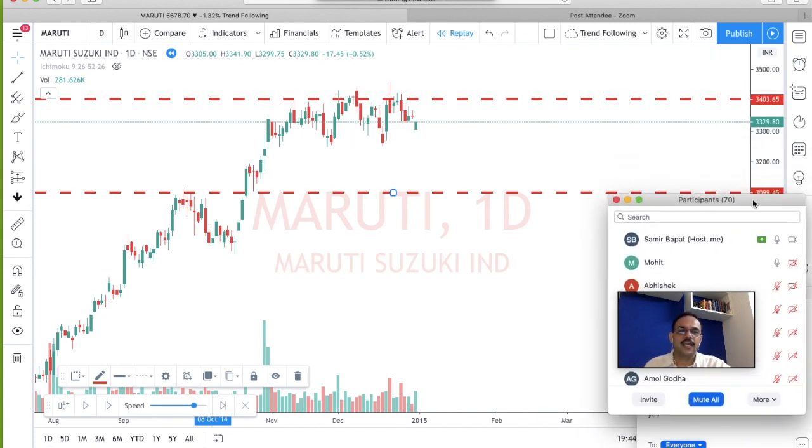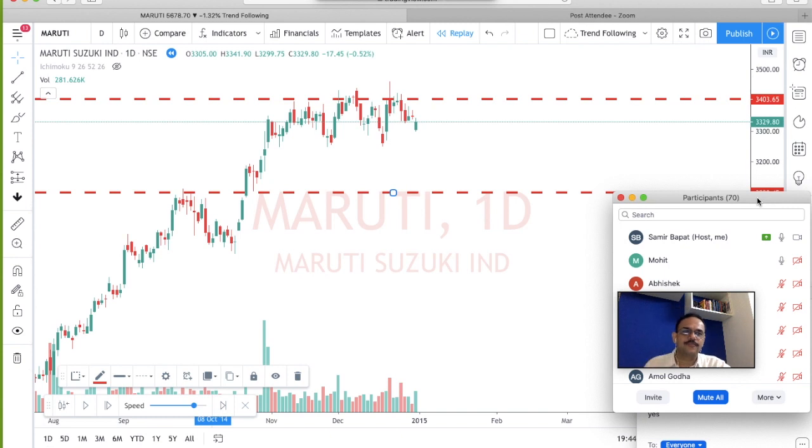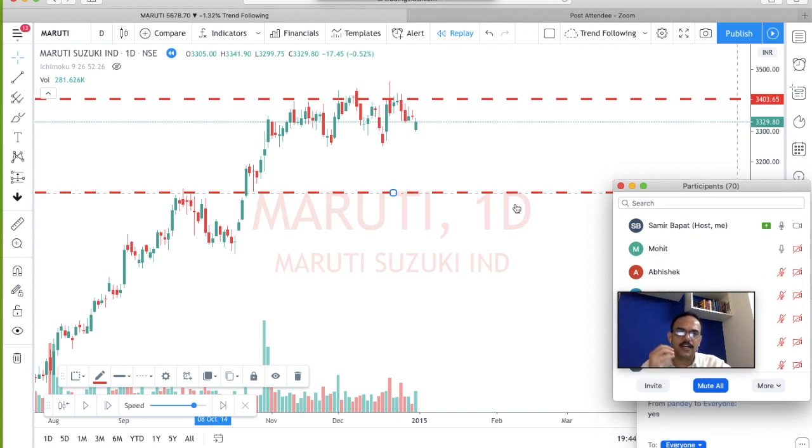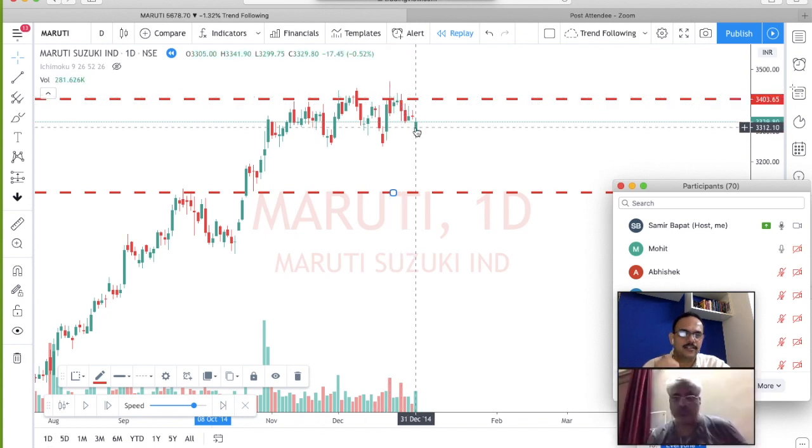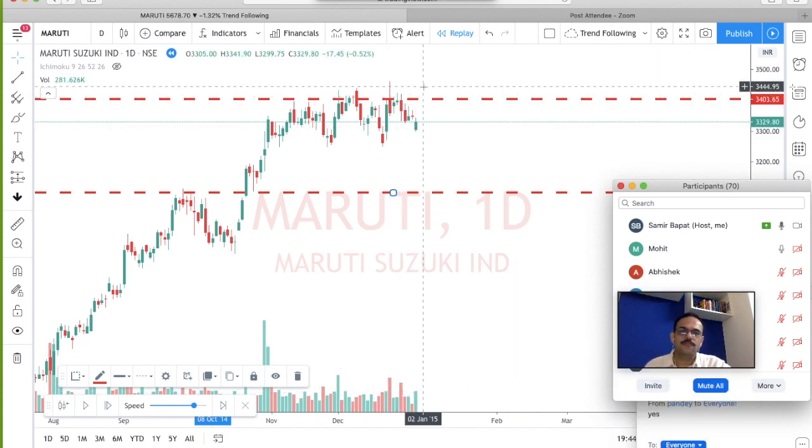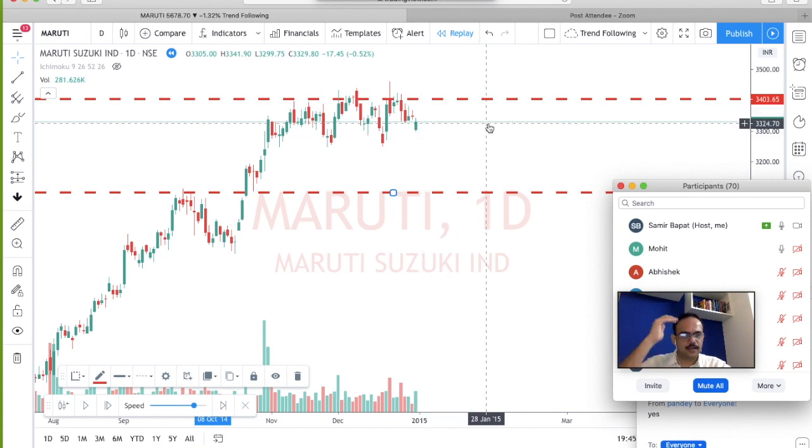We cannot say exactly where it is, but a rough cut we should take. If we see here, it went here 3400, 3400, it went here, again it started bumping, here, and it is coming like that. So it is like hitting the roof every time it is going up.